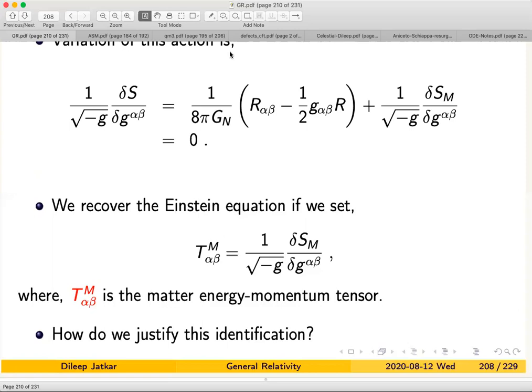Okay. So we have geodesic equation for a free particle. What happens when we have matter as well? I mean, how does a particle move under gravity? That is captured by Einstein's equation. That is right.